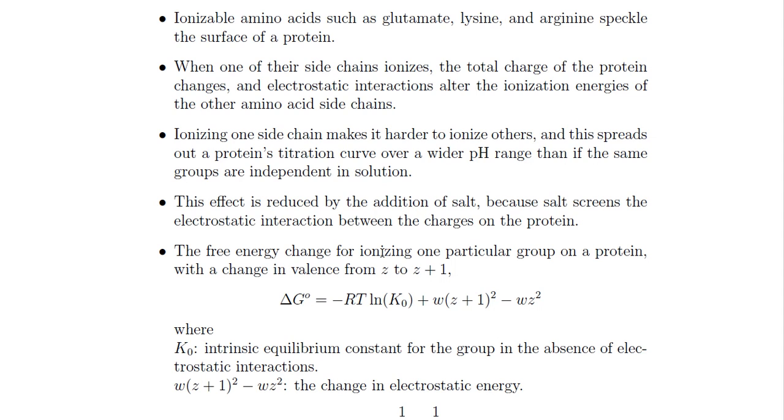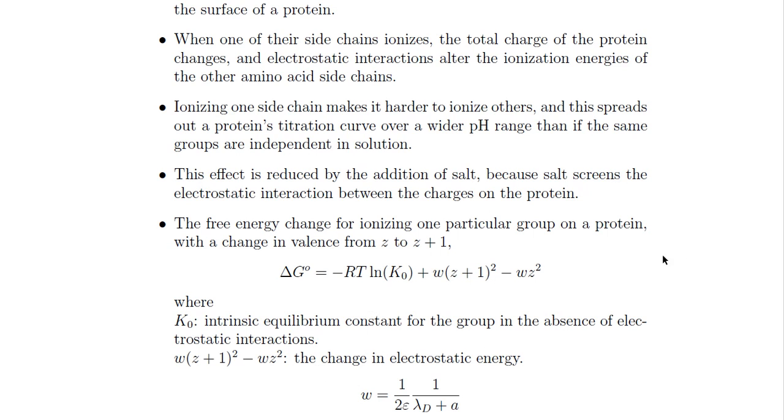This is equal to the free energy minus RT ln K naught plus W(Z plus 1) squared minus W Z squared, where K naught is the intrinsic equilibrium constant for the group in the absence of electrostatic interaction. So this equation is the change in the electrostatic energy.